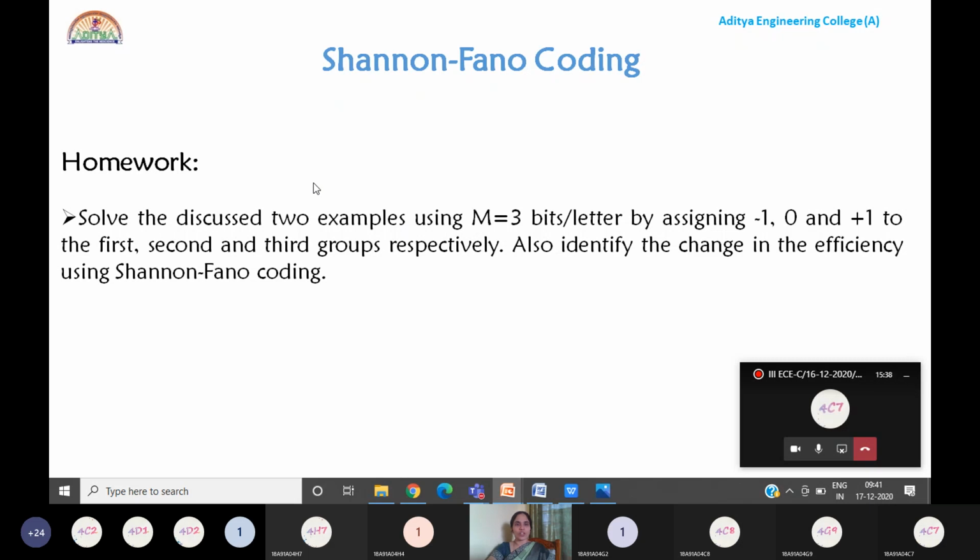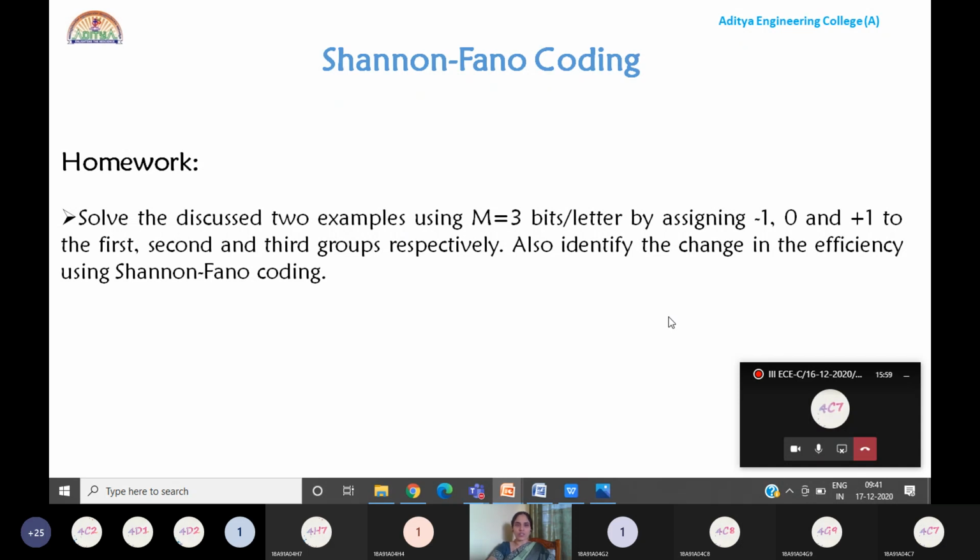And I asked you to solve the same example using m equal to 3 bits per letter. As m increases, as the partition value increases, what happens to the overall efficiency of our Shannon-Fano encoding process? That I had given you as homework.